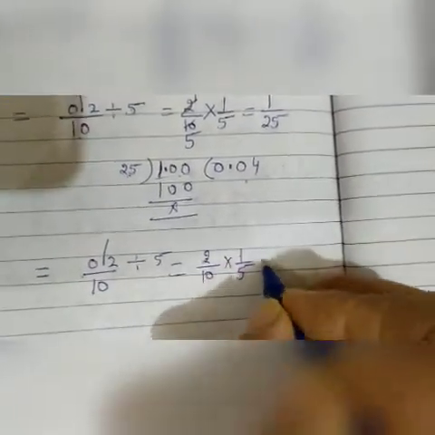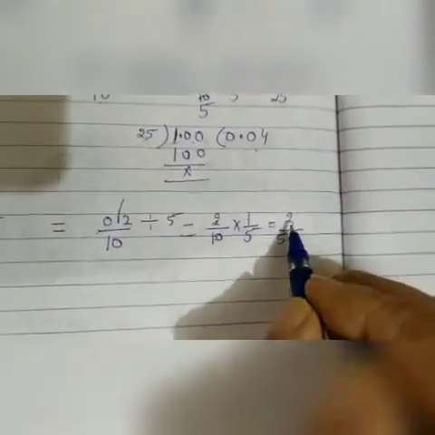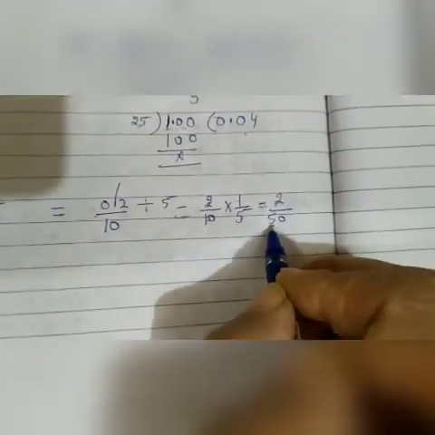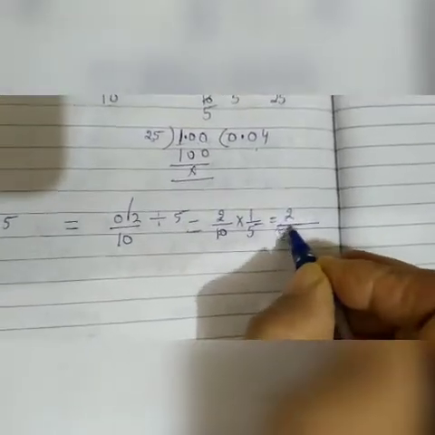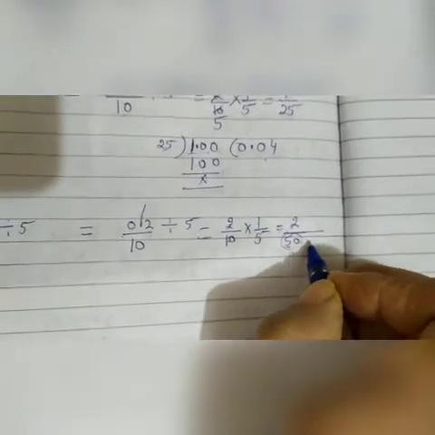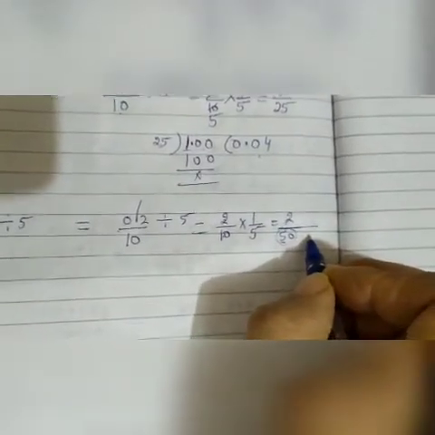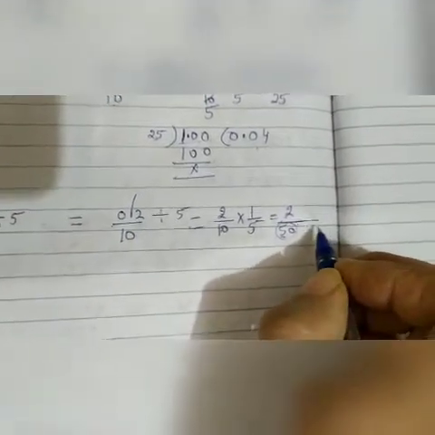Now it is 2 1 ja 2 upon 10 5 ja 50. Here it is, students, 2 upon 5. Now what will we do? We will convert this denominator into 10 or 100 or 1000, either by multiplication or division.